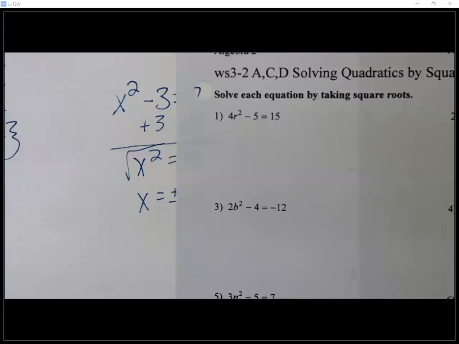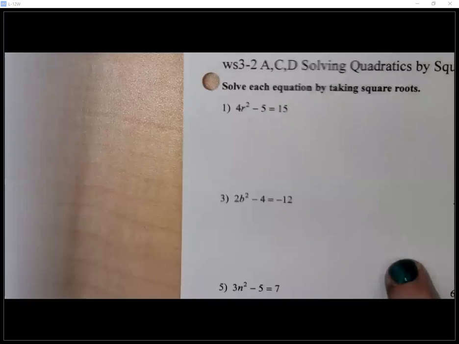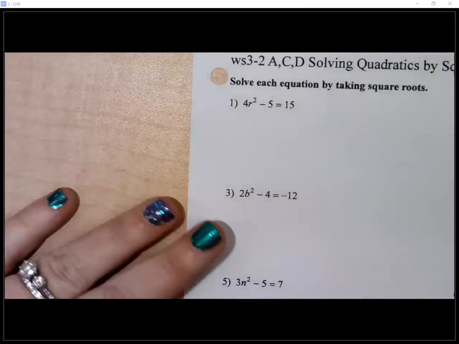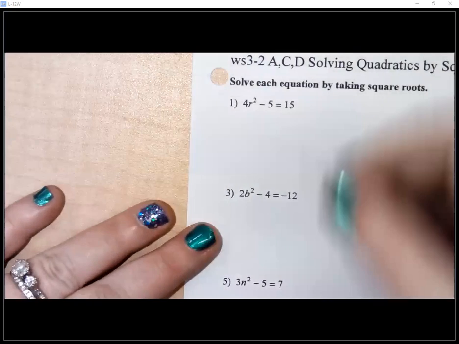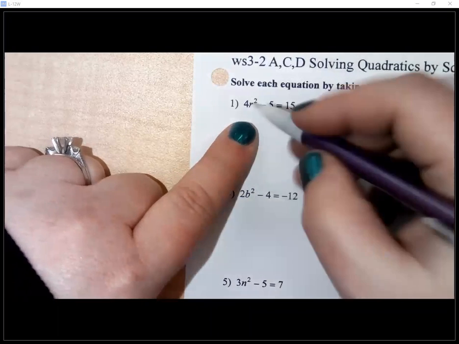Should we do number 1 together? And then number 7. If you know what you're doing, then you don't have to pay attention to me. But just in case. If you're looking at number 1, you're like, oh, cool, there's only an r squared. So I get r squared by itself. Let's add 5.